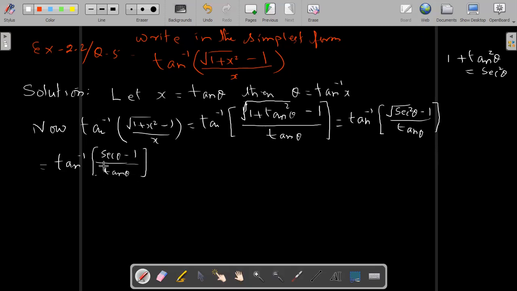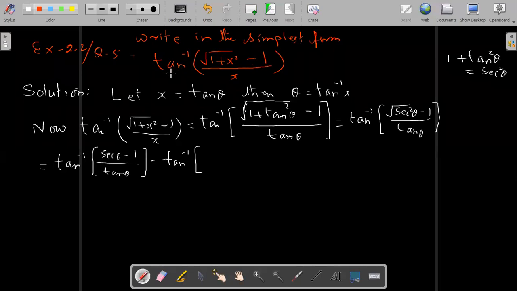Okay. Now it is easy to convert into sine and cos. So we convert all into sine and cos, and then we can convert into tan theta, because inside this should always be tan theta.